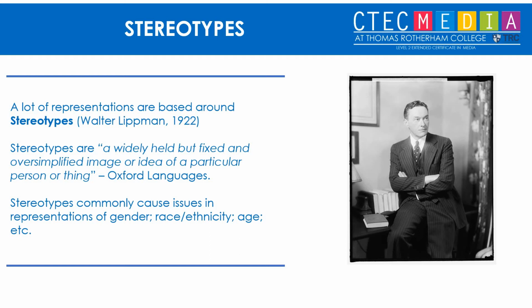Now, because we're going to be looking at gender representation in a bit more detail, some of the common representations you get of gender are largely based around stereotypes, okay? But if you look at things like race and ethnicity and age as well, these stereotypes are very, very commonly seen when we're talking about representation, okay?